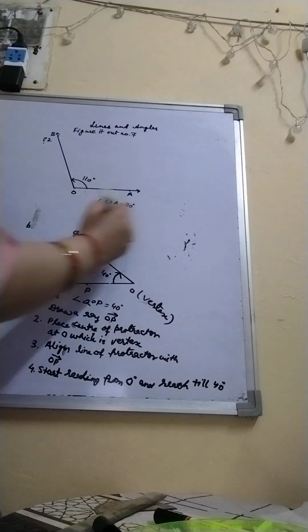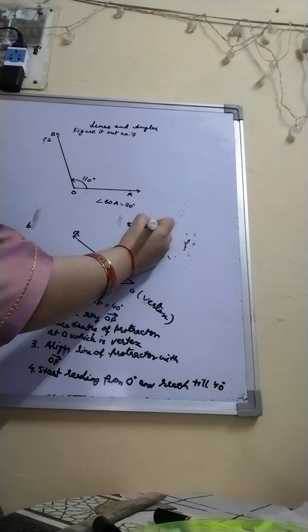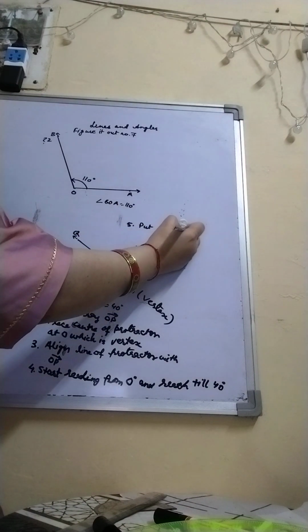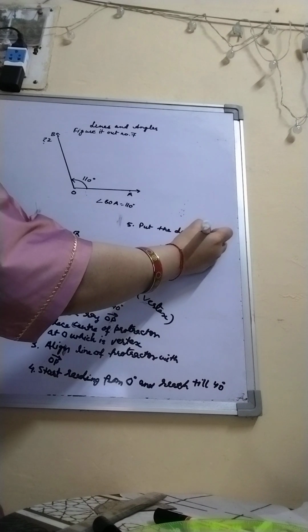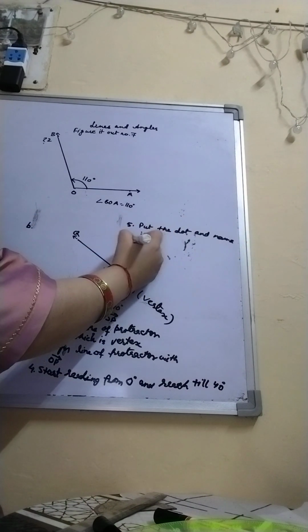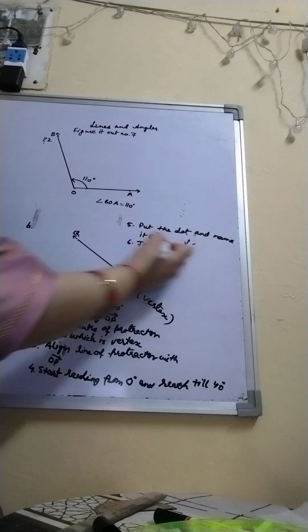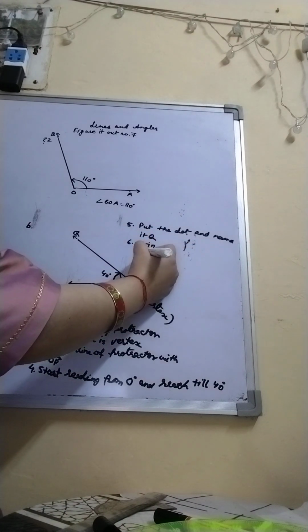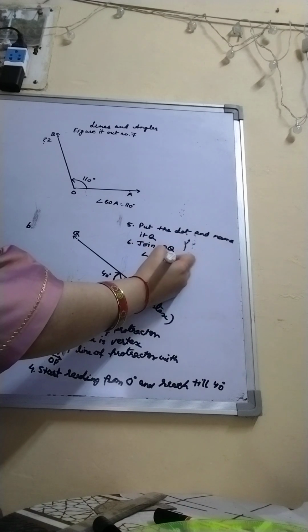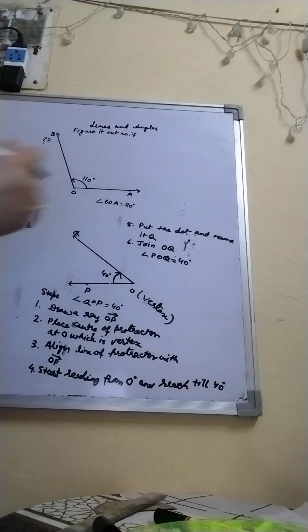Okay, these are the 4 steps. Then the fifth step would be put the dot and name it Q, join OQ, and you get the angle POQ is equal to 40 degree. So these are the steps for drawing an angle.